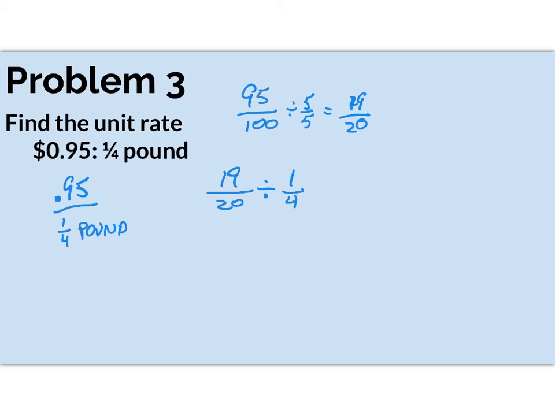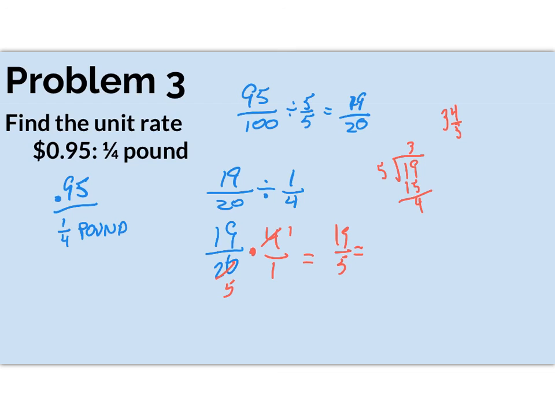And we know when we divide fractions what we have to do. I purposefully chose this for you to have to do all of this. Cross multiply. You get 19 over 5. We still don't have a unit rate here, so we divide by 5. 19 divided by 5 is 3, 15, subtract, 4, 3 and 4/5.